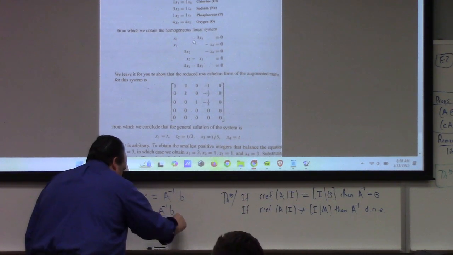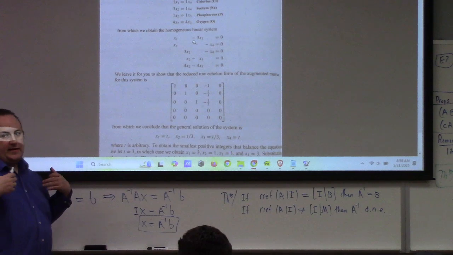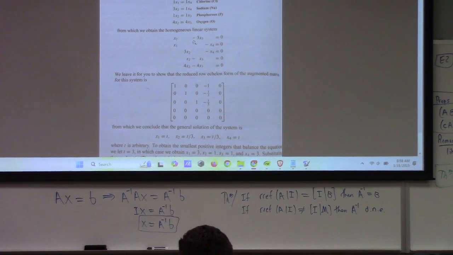So in the case that our n equations and n unknowns has an invertible coefficient matrix, the solution exists, and it's unique. All right? On the other hand, if I gave you the information that Ax equals b has a unique solution for every possible b, that also tells you that the inverse exists, because what you can do is take b equals e1, e2, all the way out to en, right?